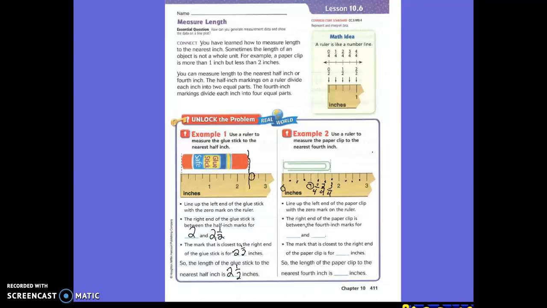It's between the 1 and 1/2 and 1 and 3/4. The mark is closest to which one, though? Is it closest to the 1 and 1/2, or is it closest to the 1 and 3/4?